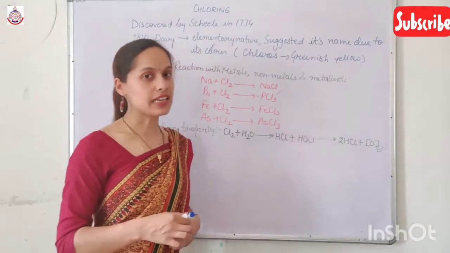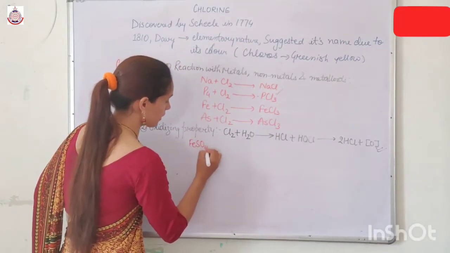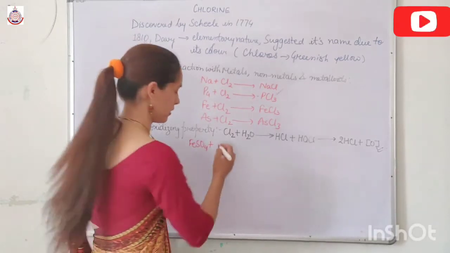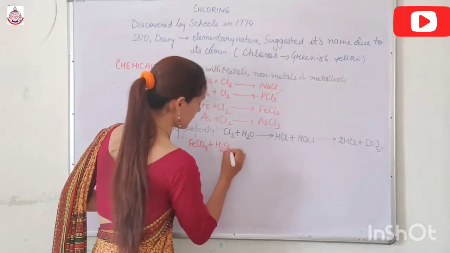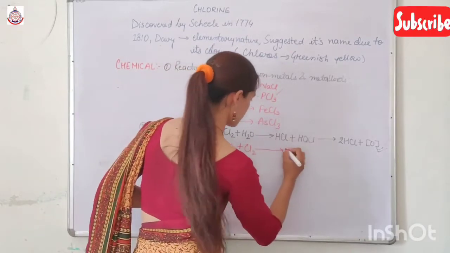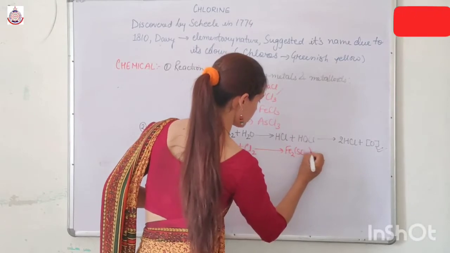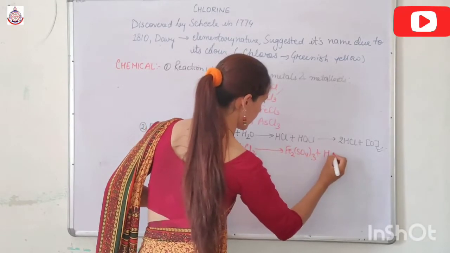Now, if we write different reactions, suppose I have acidified ferrous sulfate: FeSO4 plus H2SO4 plus Cl2 gives Fe2(SO4)3 plus HCl.